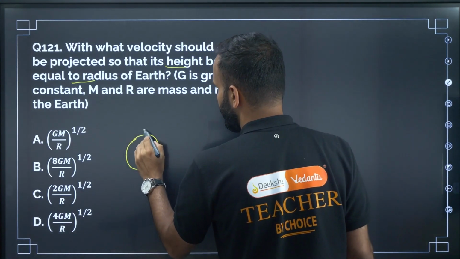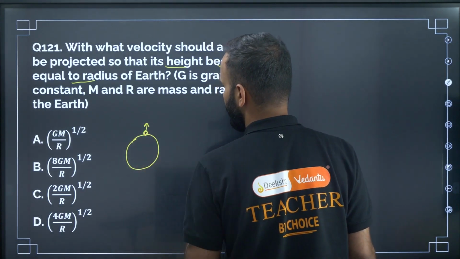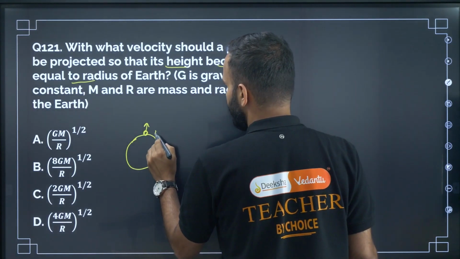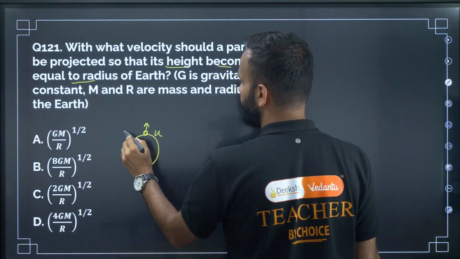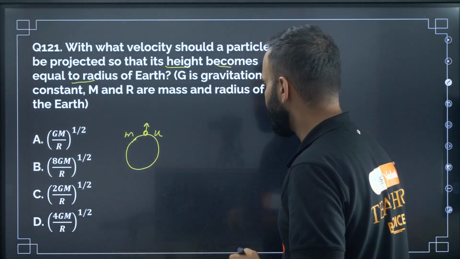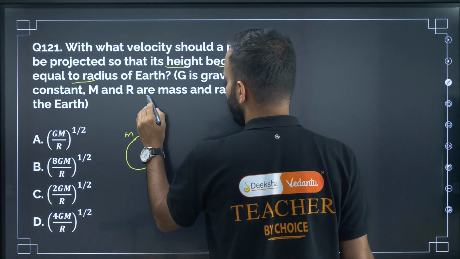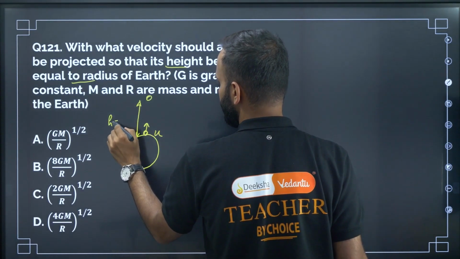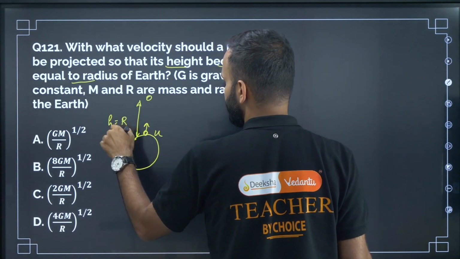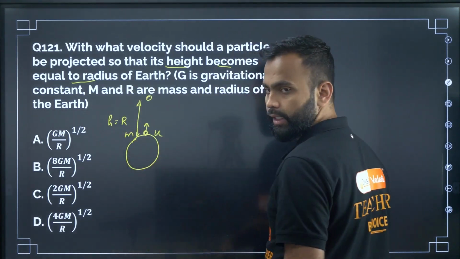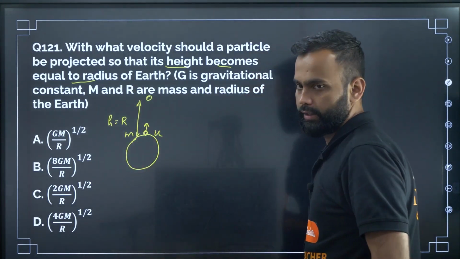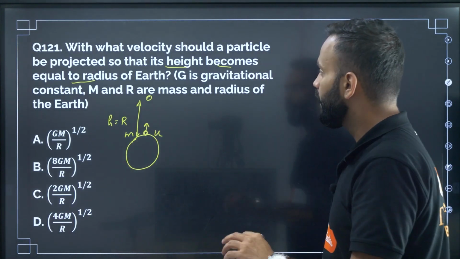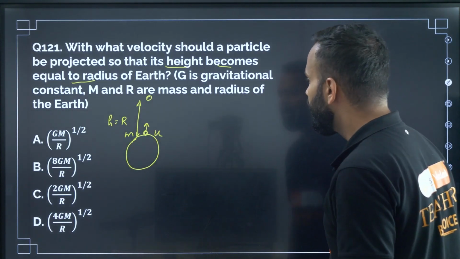Here you gave velocity u to the particle of mass m, small m, so that it reaches height h. The value of h, that is the height, is equal to the radius of the earth.